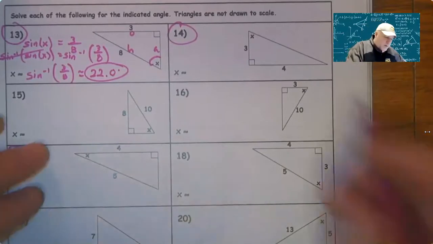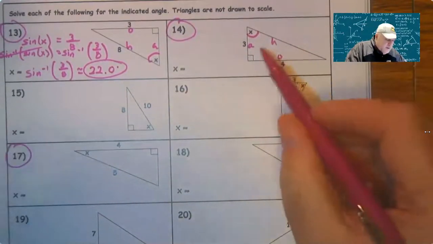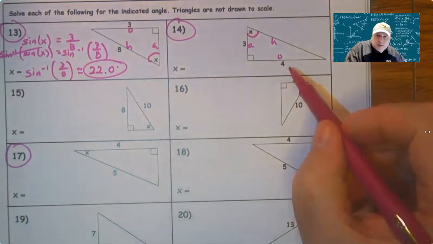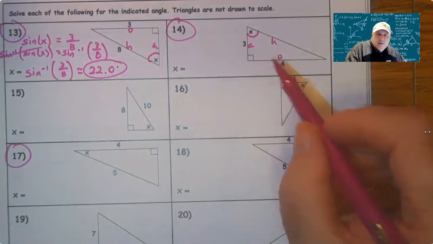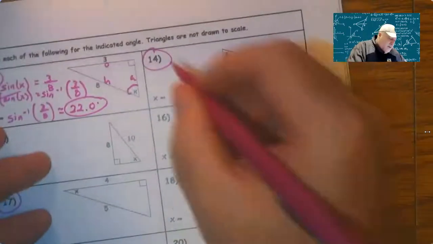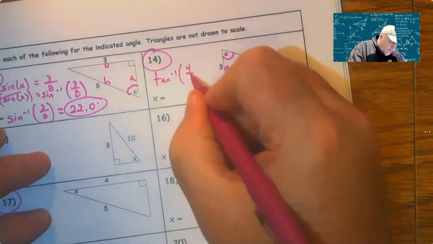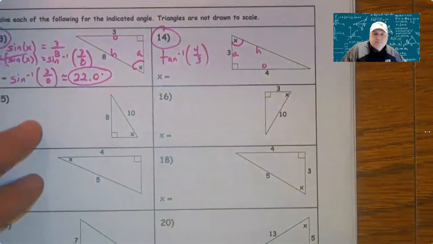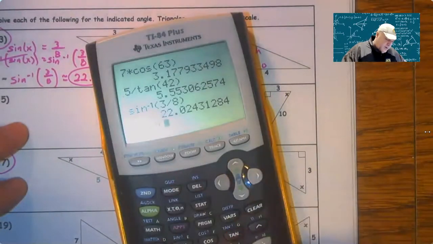Problem 14, same approach. Here's the angle you pick, adjacent, hypotenuse, opposite. This is a tangent inverse. You've got to make sure you do O divided by A. So this will end up being tangent inverse of 4/3. Anytime you do an inverse trig function, you're figuring out an angle.